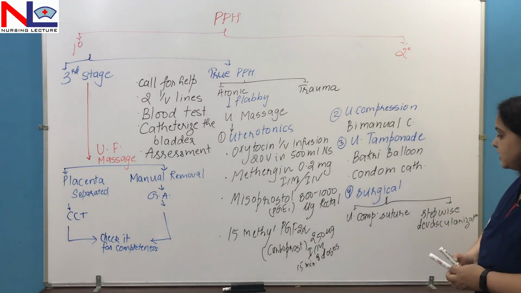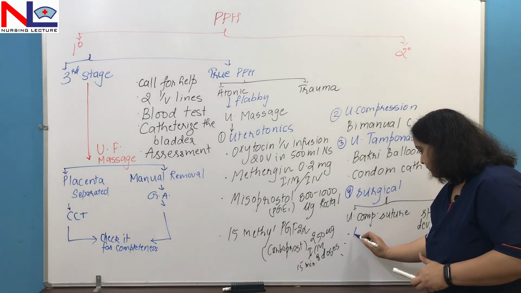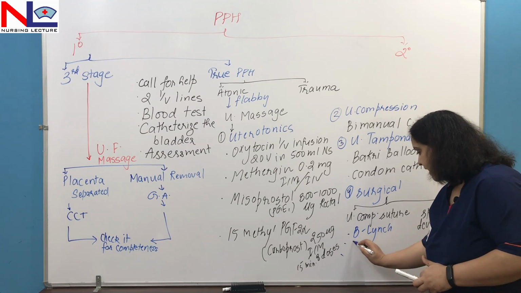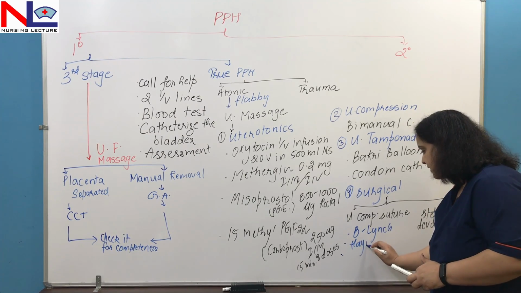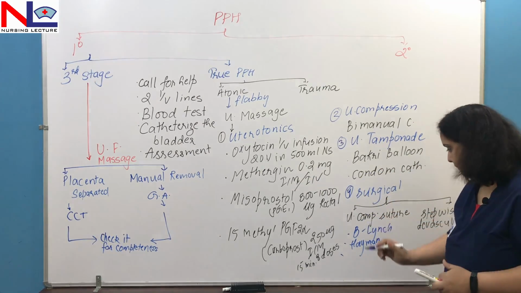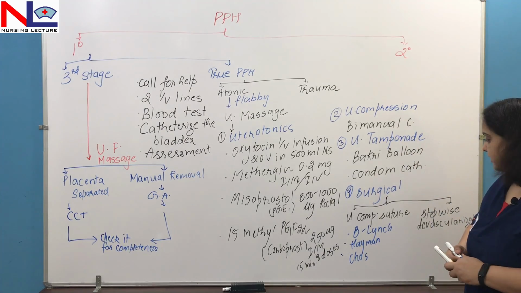And in compression sutures there are various techniques, like B-Lynch sutures and Heyman sutures. These are the different techniques to suture the whole uterus to make it hard, and the Cho's square suture method, okay.